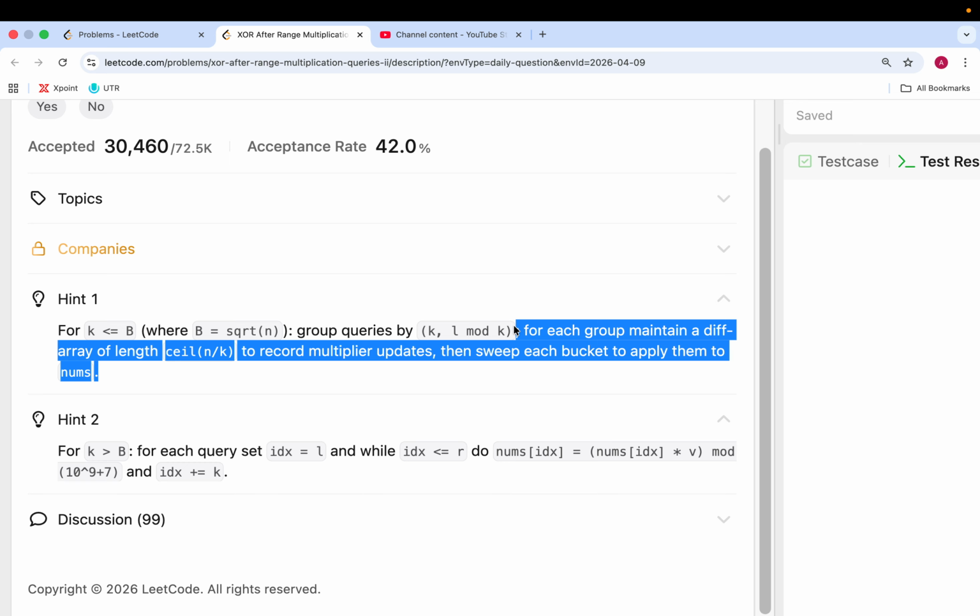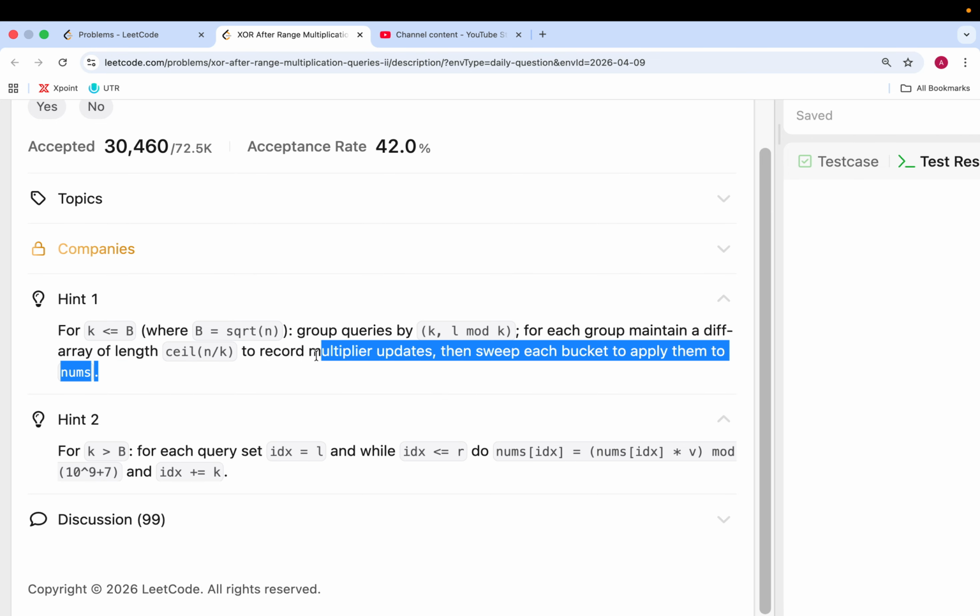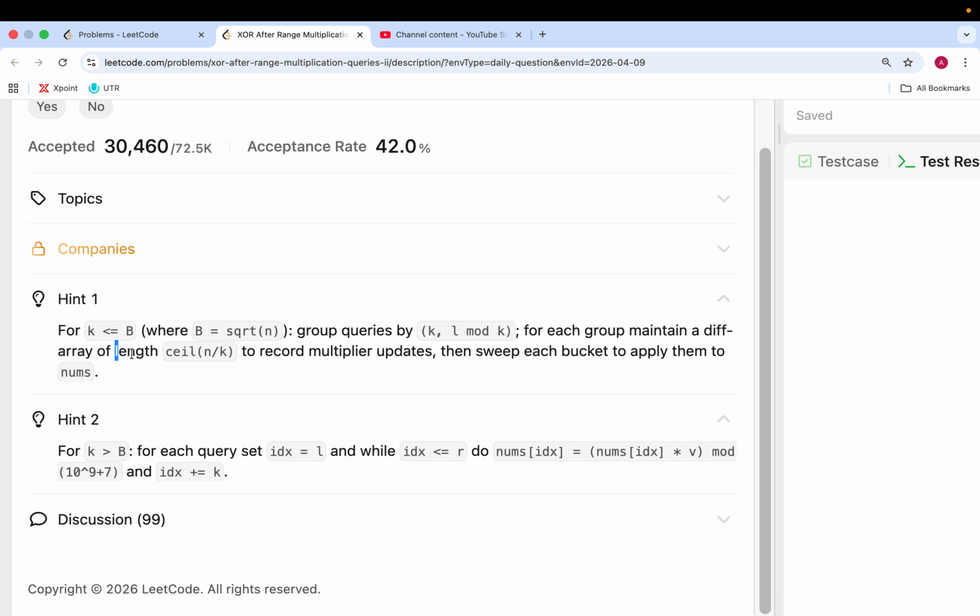For each group, maintain a diff array of length ceiling n over k to record multiplier updates. Then sweep each bucket. Okay, if I don't know what a difference array is, fine.